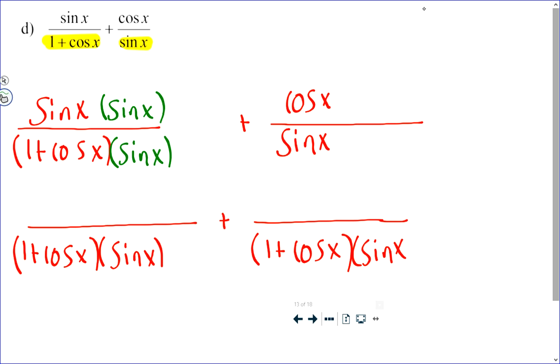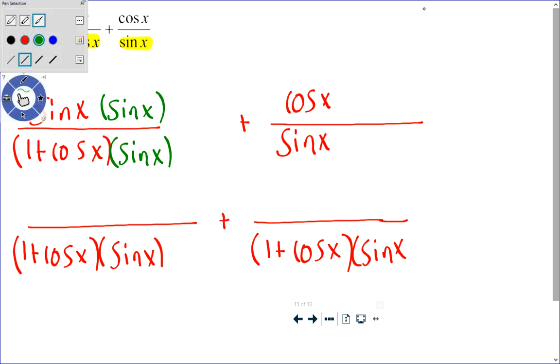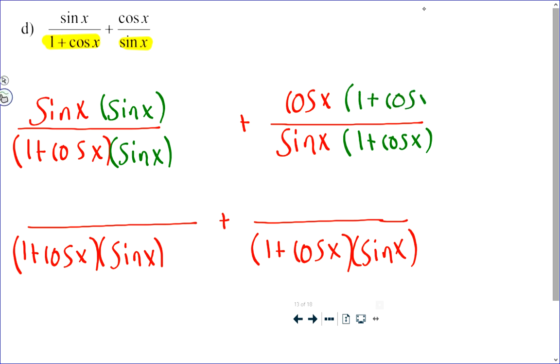When I take a look at the second fraction, it already has a sine of x in the denominator. What's missing in the second fraction is I need a 1 plus cosine of x. And I hope everybody appreciates that the order in which I write those two factors in the denominator doesn't matter.